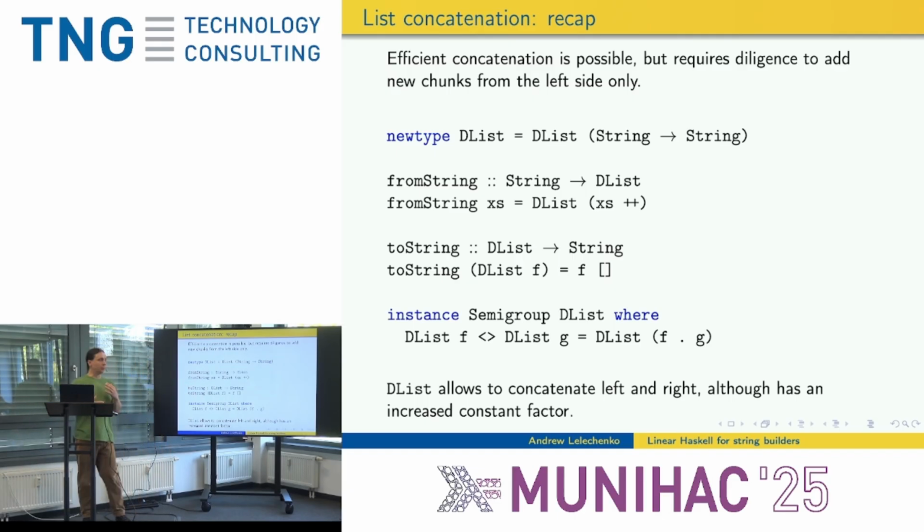It all takes a bit of time. So for lists, we have two options: either we are very diligent and we always take care of the order of concatenation, or we sacrifice some performance, some constant factor, and we use difference lists, and then we can be negligent and just lump it all together. It will work out. Right. So for lists and for strings, problem solved.